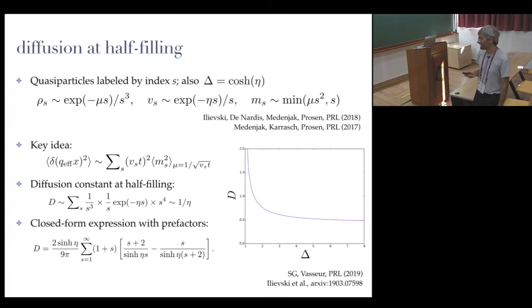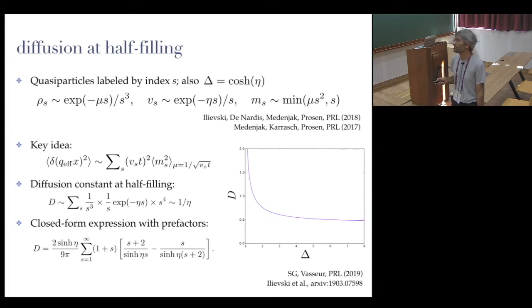But the crucial point to make is that when the S string has propagated a distance t, it hasn't really sampled the system well enough to know that it's at 0 magnetization. It still thinks it has a magnetization that's 1 over the square root of the distance it's traveled.